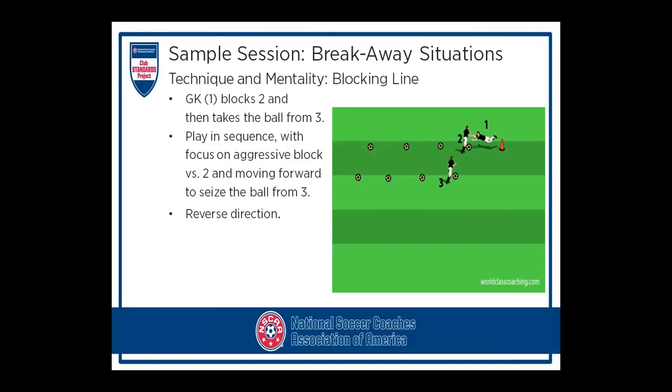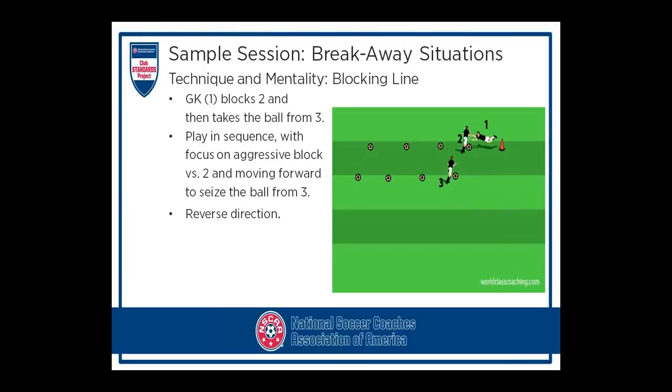Progressing it, we would get the goalkeepers working in what we call a blocking line. And here we're working purely with the bravery and technique and safety of the goalkeeper. And you can see we call this an advanced blocking line where the goalkeeper has the opportunity. The goalkeeper is number 1 in the picture. And he or she gets down and smothers a ball off of number 2 and then quickly has to deal with number 3.